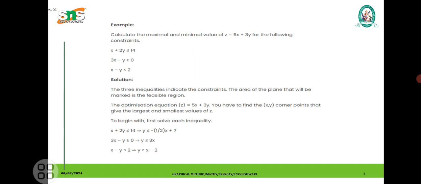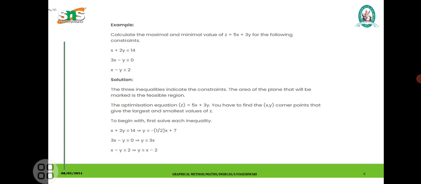How to solve these equations? First of all, put x equal to 0 in the first equation, and find the value of y. Next, put y equal to 0 in the first equation, and find the value of x. That gives us 2 points for the first equation. The second equation also has 2 points, and x minus y is less than or equal to 2, the third equation, also has 2 points.